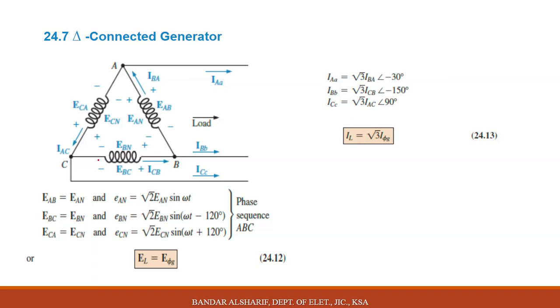You can see here, similar to the Y connection, we have line voltage and phase voltage. Phase voltage is called EAN and line voltage EAB. Similar for phase B, phase voltage EBN and line voltage EBC.